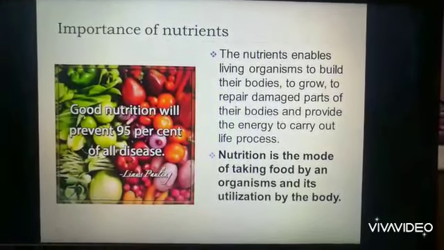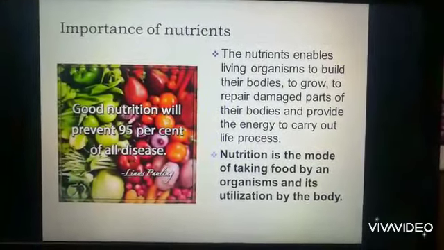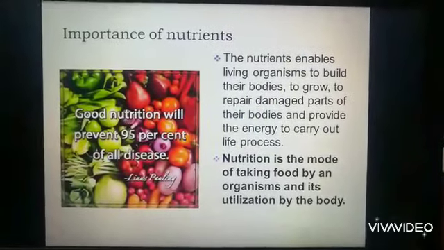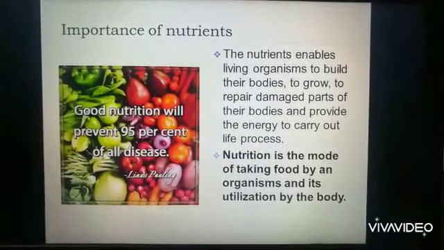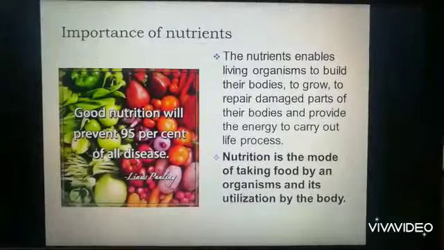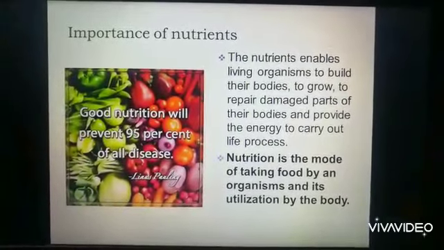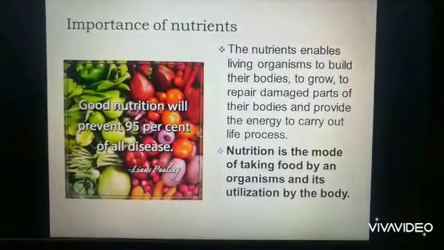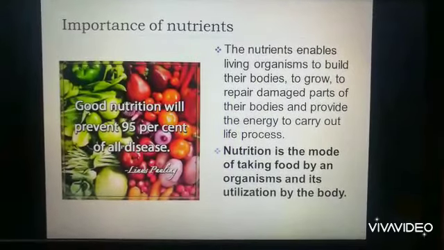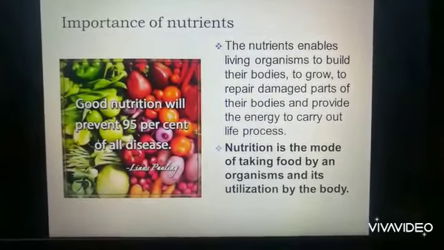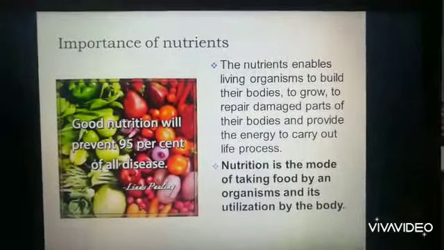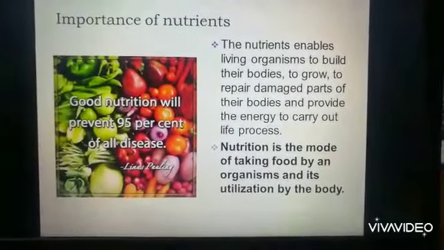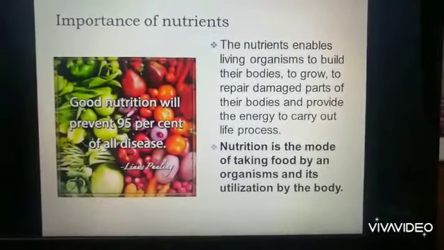Importance of nutrients. As we already learned, nutrients are protein, carbohydrates, vitamins, minerals, etc. But what is the importance of nutrients? Nutrients enable living organisms to build their bodies. Without nutritious food, our growth will be restricted.